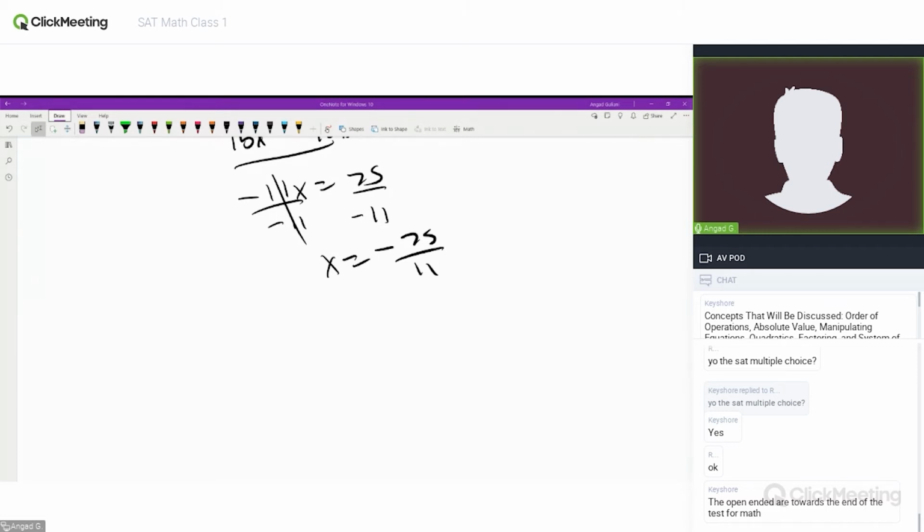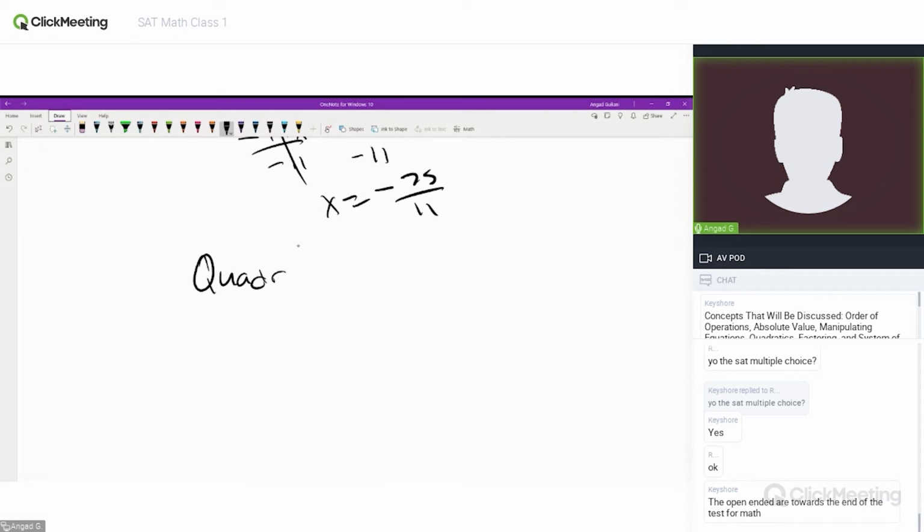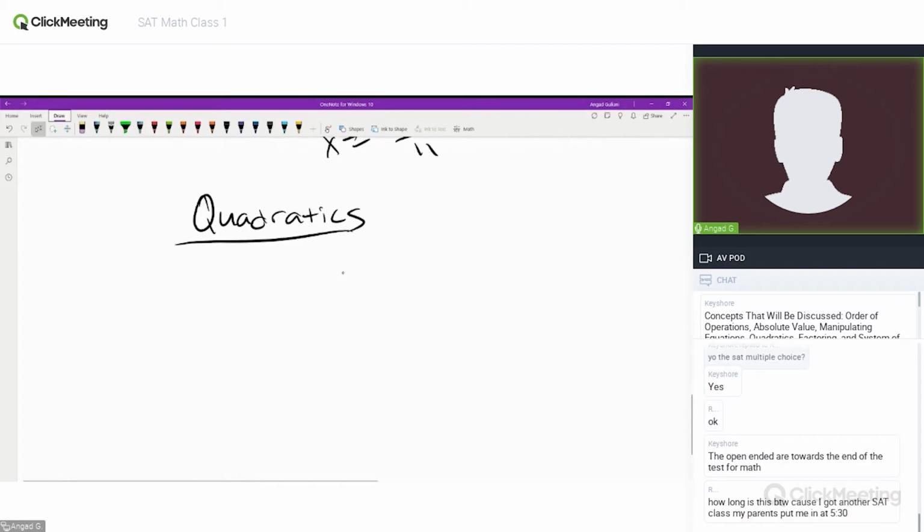All right, so let's just get into the next thing, quadratics, right? If you guys ever think of quadratics, I'm assuming you think of the quadratic formula, right?